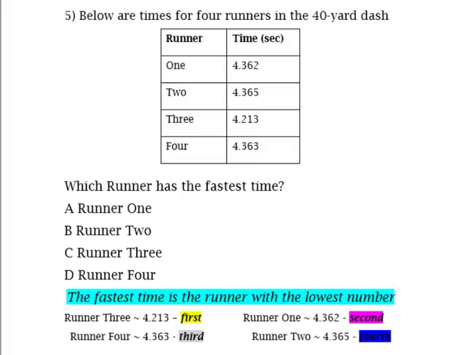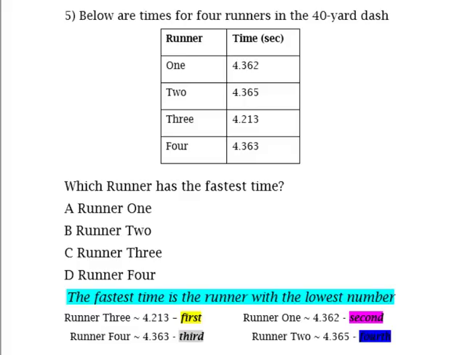They came in second. Runner 4's time is 4.363. They came in third. And last, runner 2's time is 4.365. They came in fourth.